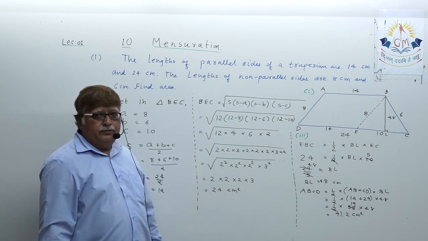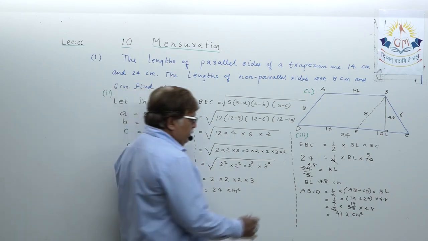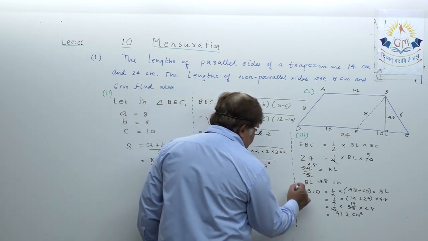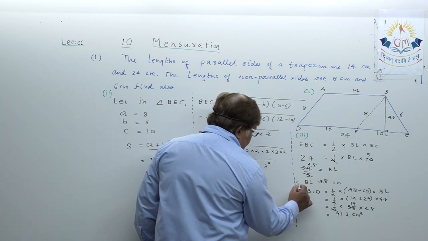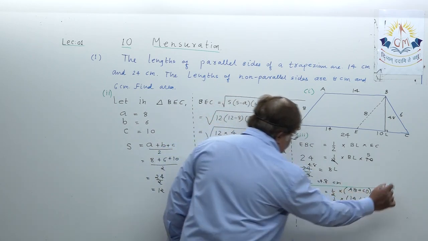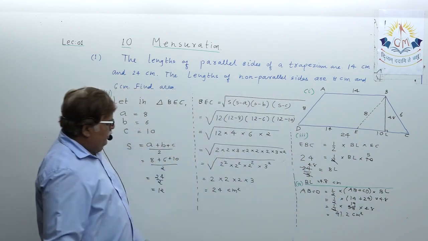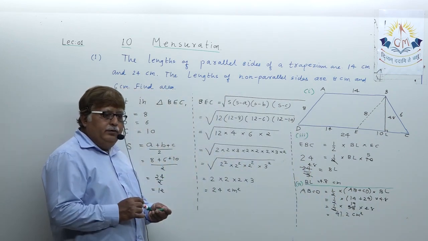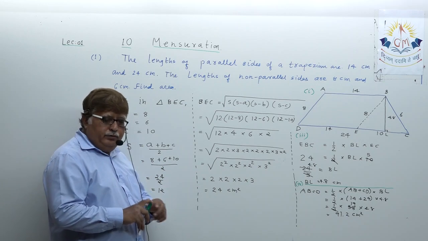Once you get the altitude, then from here, dear student, comes the fourth step, that is to apply the formula of area of trapezium. You understood this?